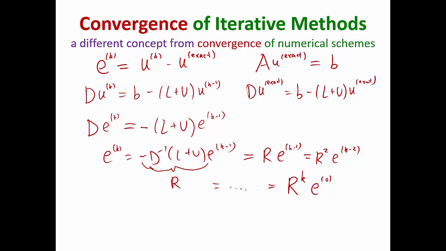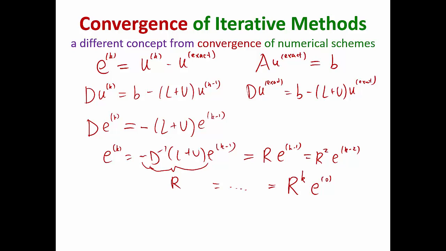Okay, so two questions. One question, this is a linear algebra question, so nothing to do with numerical methods. What property does the matrix R need for the solution error ek to go to 0? Yes, I see him.